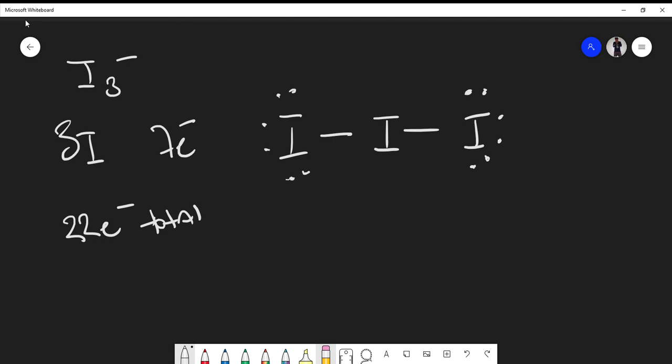So where do the other 6 electrons, the other 3 pairs of electrons, go? Well, this iodine atom is satisfied, and this iodine atom is satisfied. However, the central atom has only 4 valence electrons, so we have no choice but to put the additional 3 pairs of electrons on the central atom.